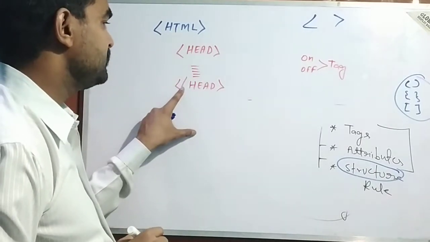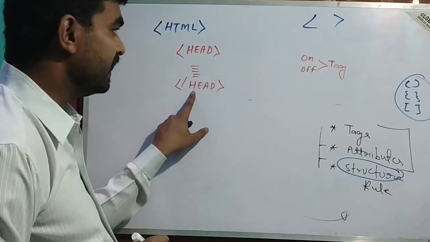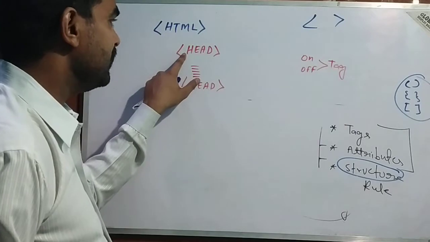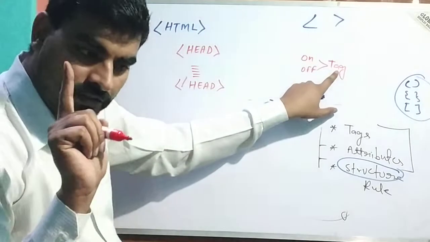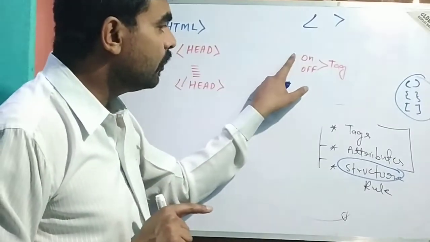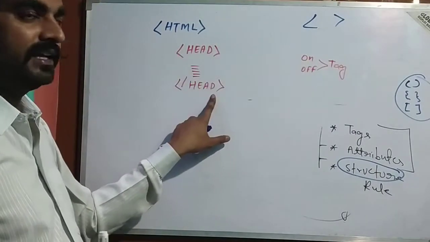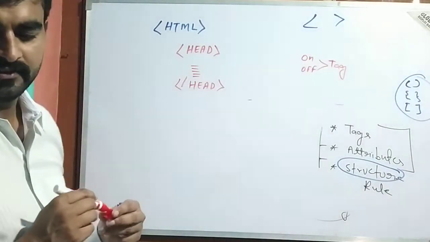Student, this slash with the same name is known as the off tag, and without the slash it is known as the on tag. So the tag which has both on and off tags is called a container tag.